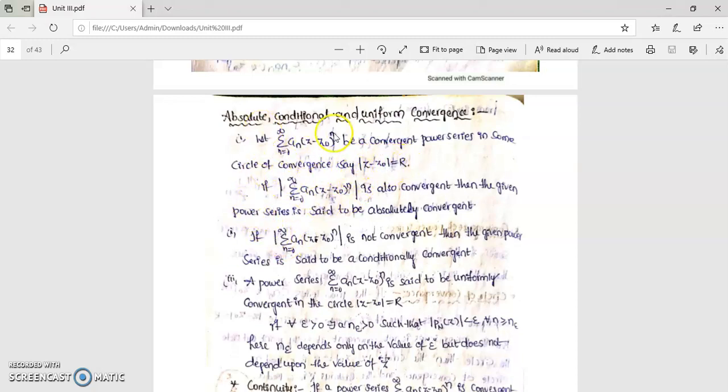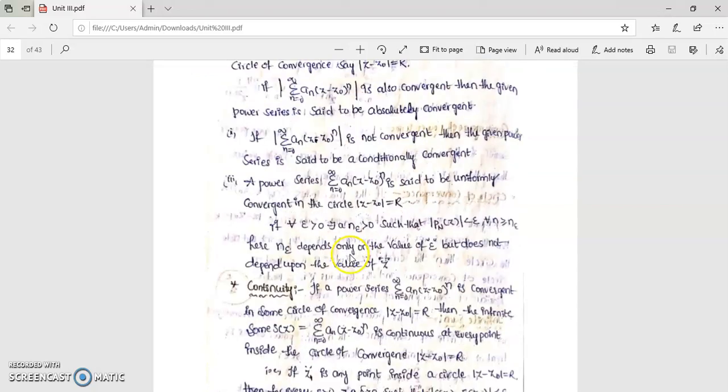If the modulus or absolute value of the series is also convergent, then the power series is said to be absolutely convergent. If the absolute value is not convergent, then this given series is called conditionally convergent.